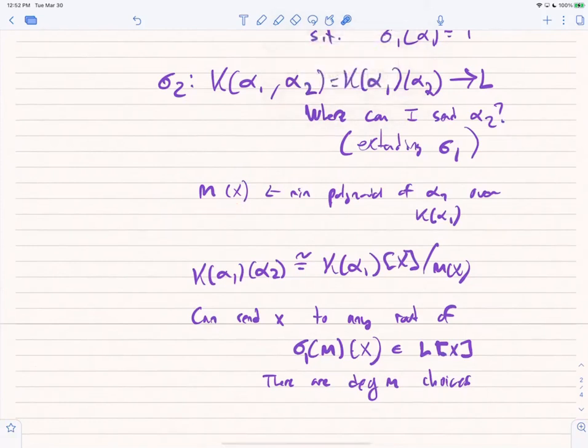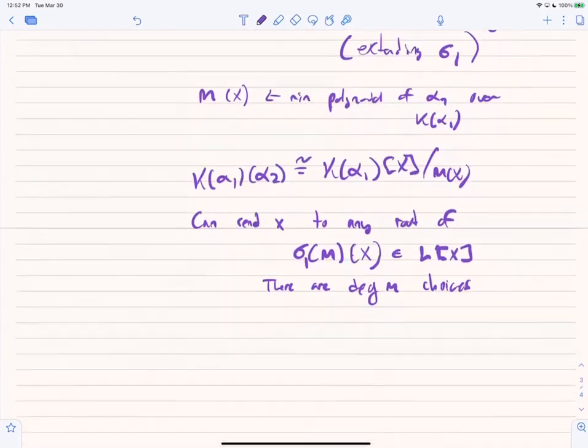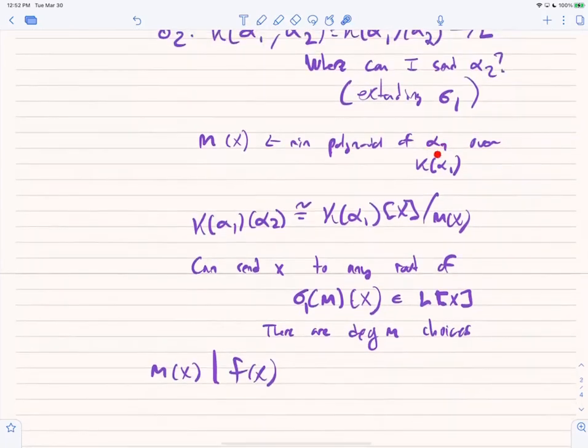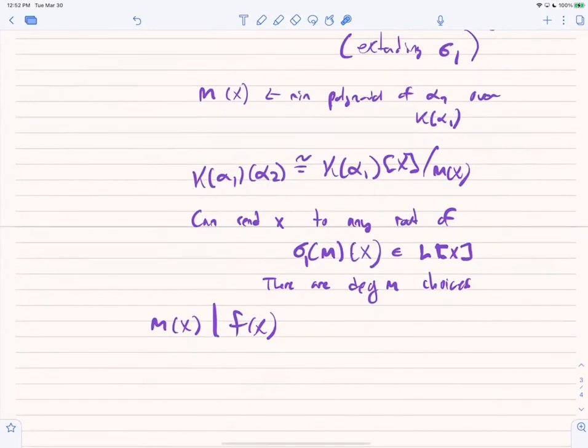Let me say it this way. M of x divides F of x, this polynomial we started with, right? Because alpha 2 is a root of F, because all these alpha i's are roots of F. M is just a proper divisor because we know F is no longer irreducible over K(alpha 1).